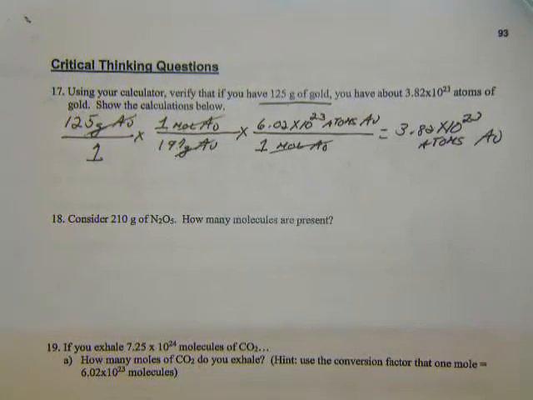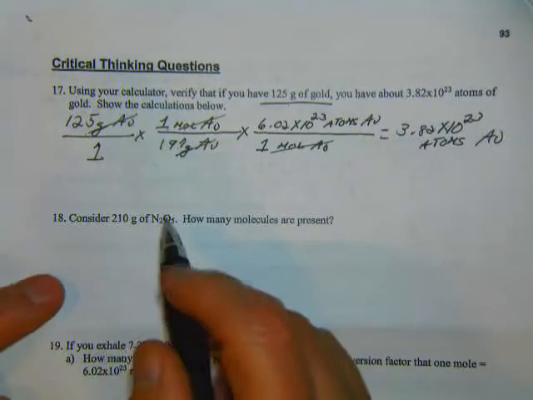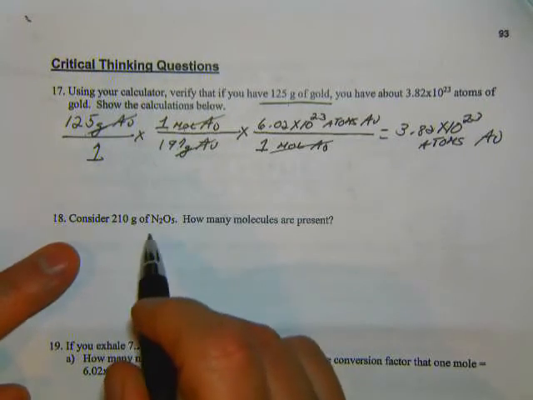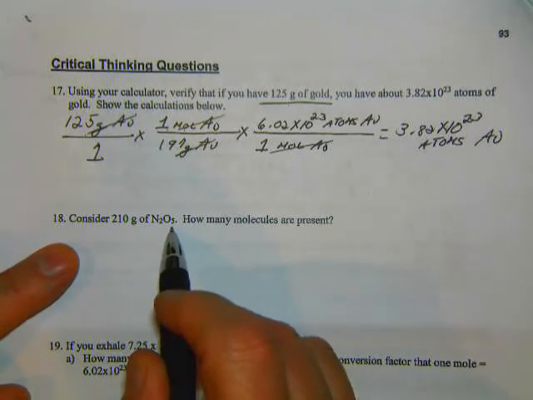Let's look at number 18. We've got 210 grams of dinitrogen pentoxide. How many molecules are present? Well, first thing we have to do, we've got to get the atomic mass of N2O5.